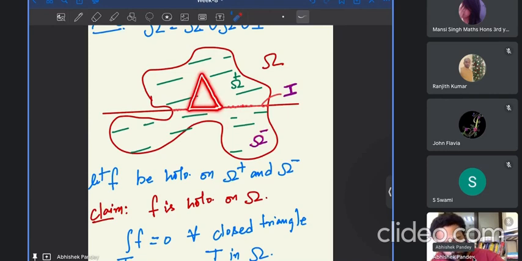So we have to consider three cases. Let me write it down.